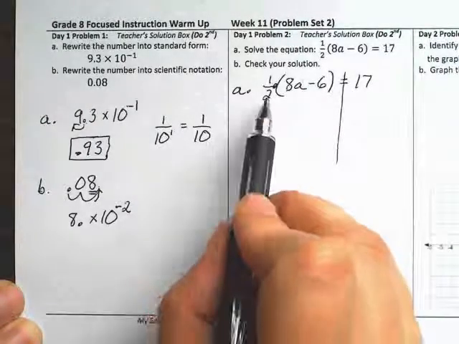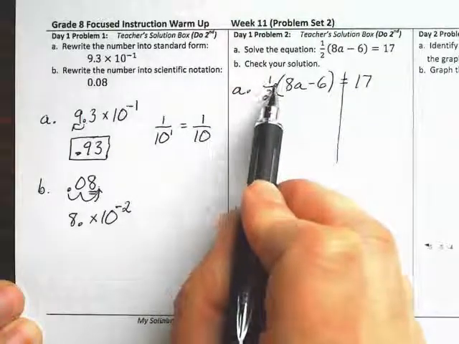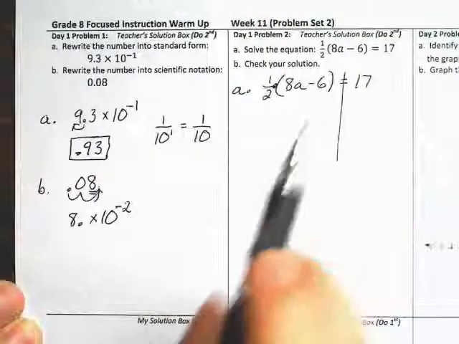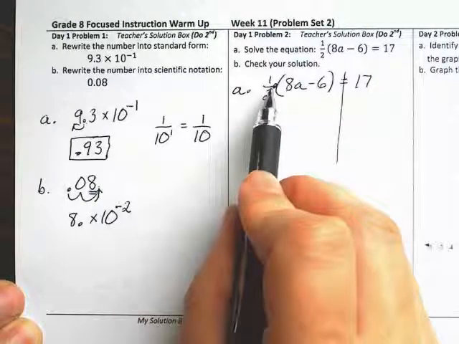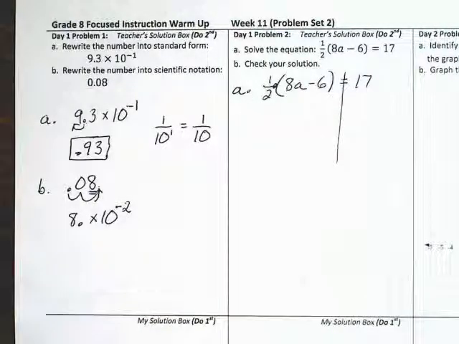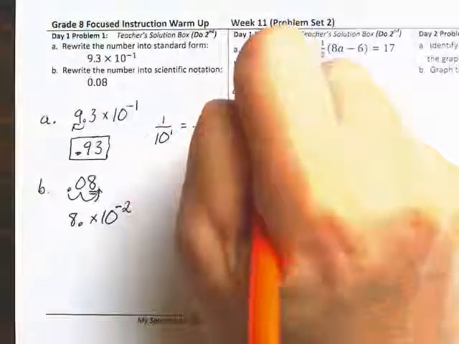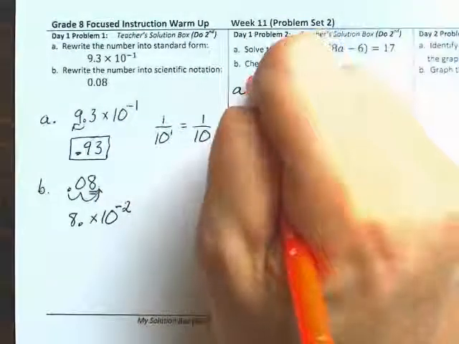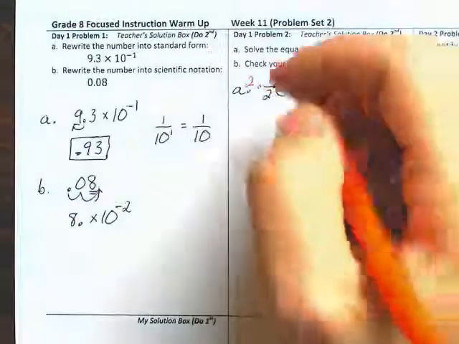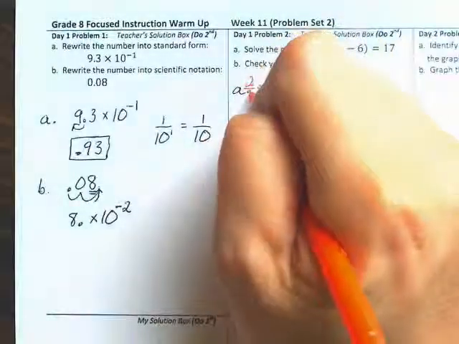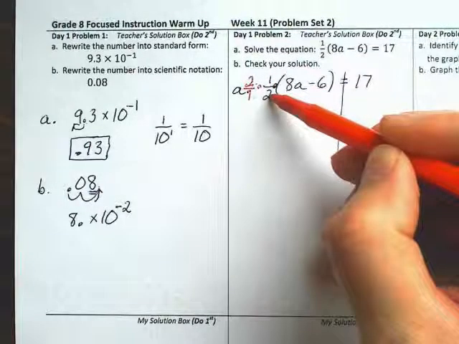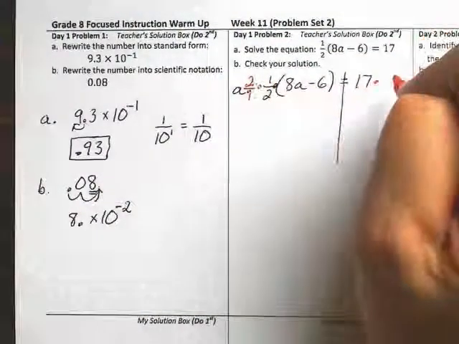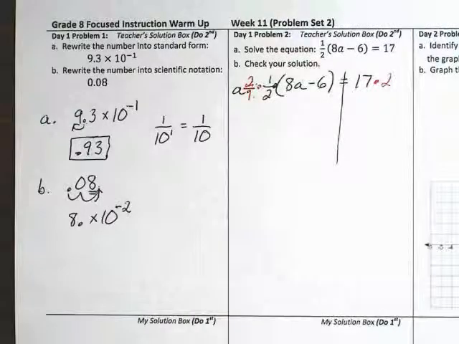So one way to remove the fraction 1/2, which is being multiplied to something, is to multiply by the reciprocal of 1/2. And so on the left side of the equation, I'm going to multiply by 2. Or another way to think of 2 is 2 over 1, the reciprocal of 1/2. And then multiply by 2 on the other side of the equation.